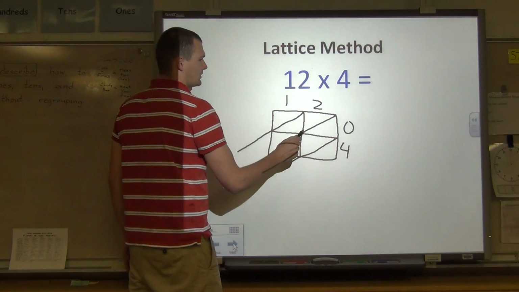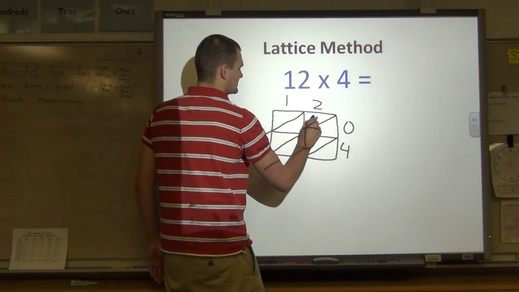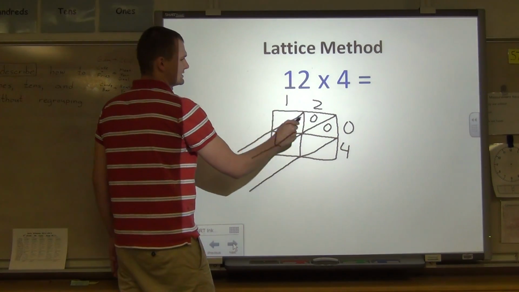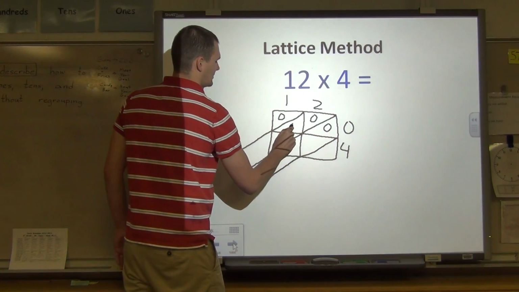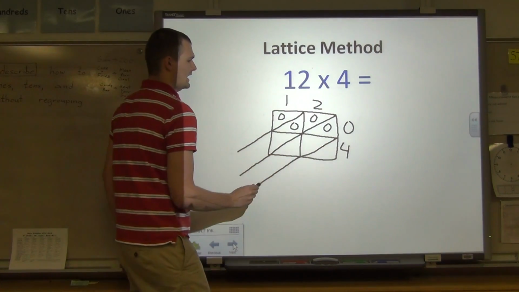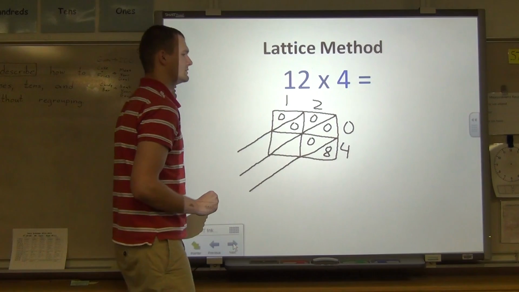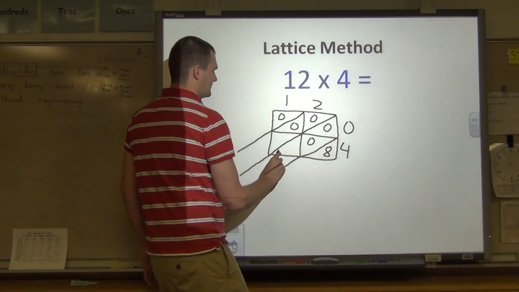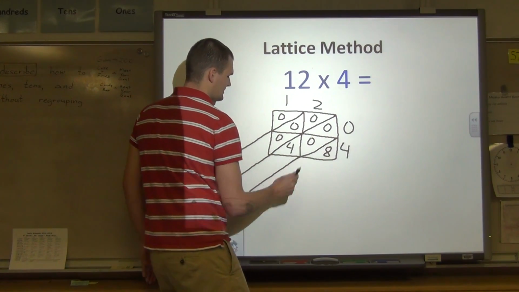Now, we're just going to multiply across. 2 times 0 is 0, so it's 0 in the tens, 0 in the ones. Now, 1 times 0 is 0, 0 in the tens, 0 in the ones. 2 times 4 is 8, so it's 0 in the tens, and 8 in the ones. Now 1 times 4 is 4, so we're going to have a 0 in the tens and a 4 in the ones.